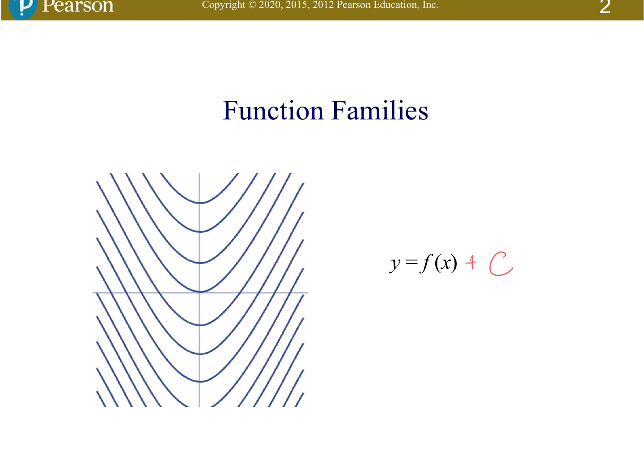We call these function families. Now, if you were flying your spaceship and you entered this graph, say you entered it right here, you would be trapped within this space.